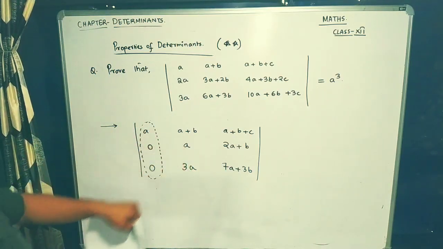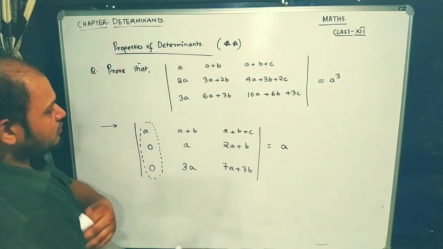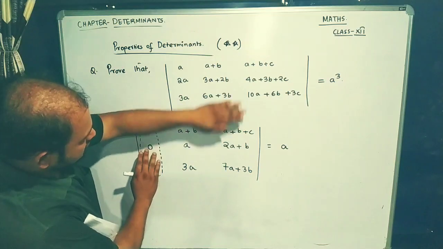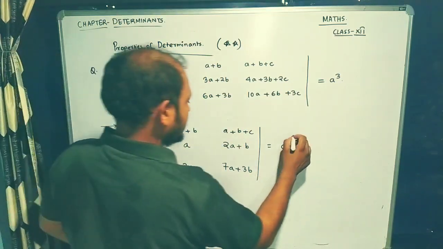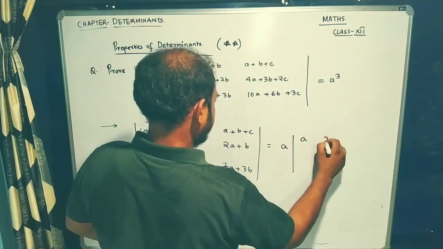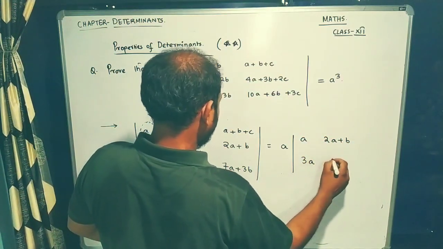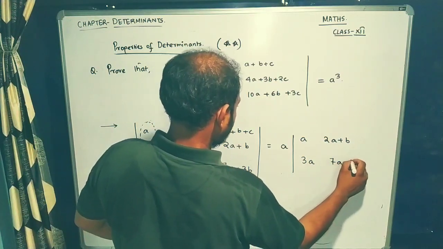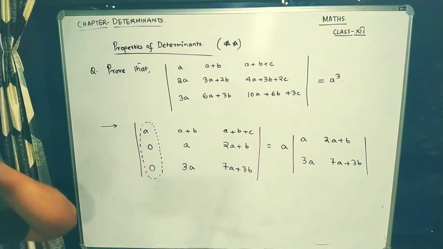So if you evaluate this determinant, it is nothing but a into, hide the row and column. A belongs to first row, first column, so hide it. What do you see? Do you see these 4 numbers? So it is a into a twice a plus b and 3a into 7a plus 3b, and rest all of them are 0, so I am not writing them.